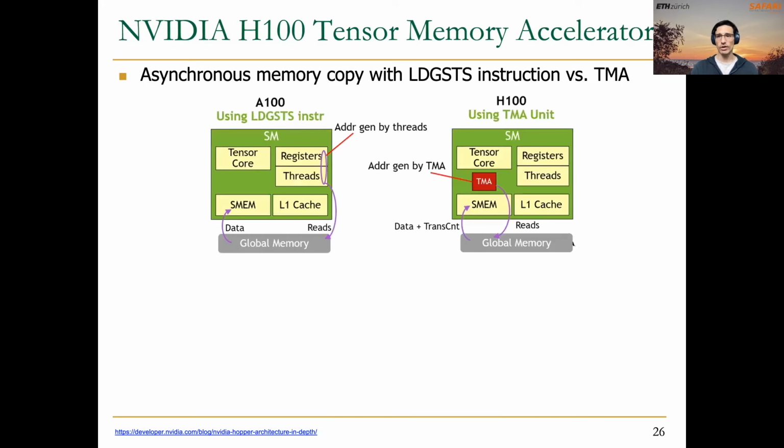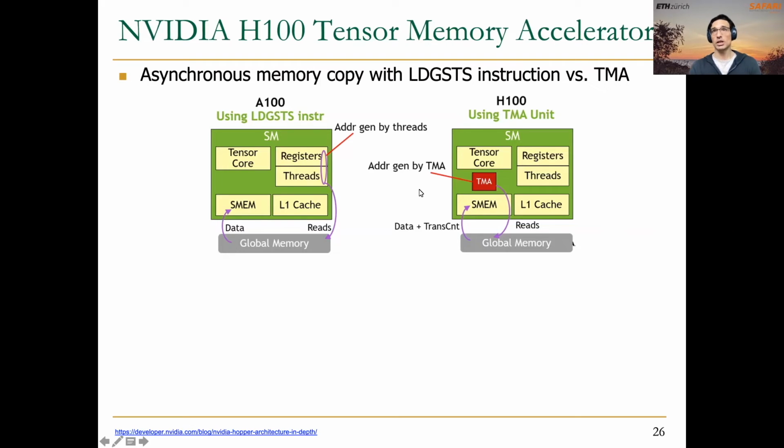And here you can see the difference between what is done in the A100 architecture and what is done in the H100 architecture. In the A100 architecture, it's possible to use this asynchronous load instruction where we need to generate the addresses by the threads. We send these addresses to the global memory to perform a read, and then in an asynchronous manner, we copy the data from the global memory directly to the shared memory without having to go through the L1 cache and registers.